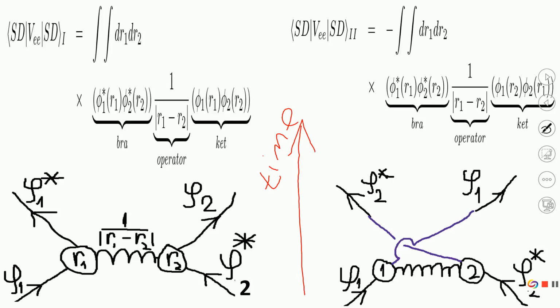Electron 1 in state 1 goes forward in time. Electron 2 in state 2 goes forward in time. When they reach points in space R1 and R2, they experience Coulomb repulsion and repel from each other. So electron 1 repels and goes in the opposite direction.